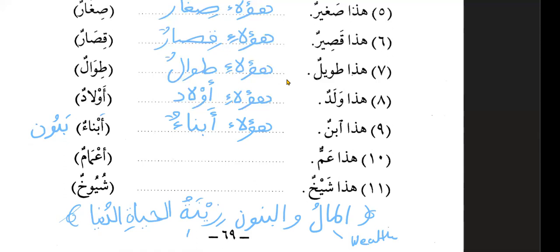So زينة مضاف, الحياة مضاف إليه, and then الحياة is منعوت, and الدنيا is نعت. So wealth and children are the beautification or adornment of the life of this world. This is an ayah which you can all understand the grammar and the meaning of. المال والبنون زينة الحياة الدنيا.